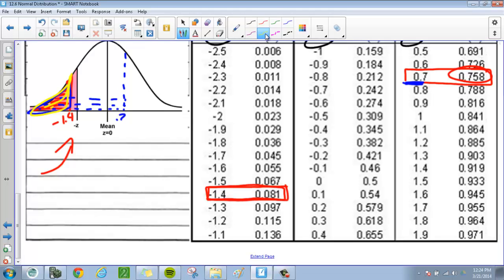So really what you need to do is take this probability right here, 0.758, and subtract the probability of this one for the in-between, 0.081.